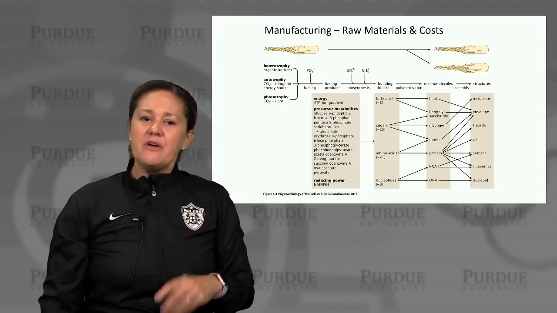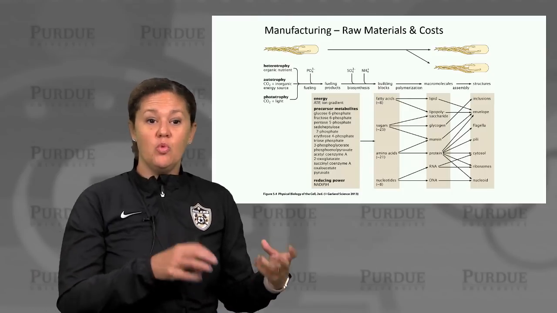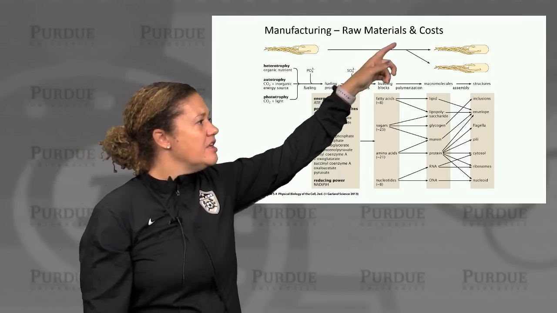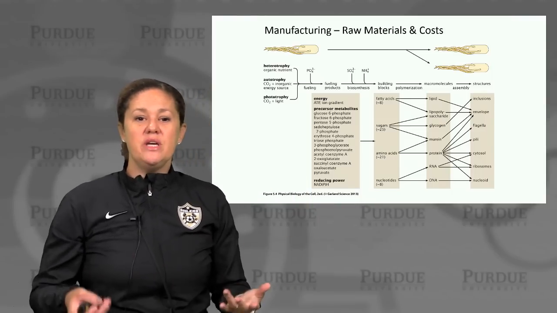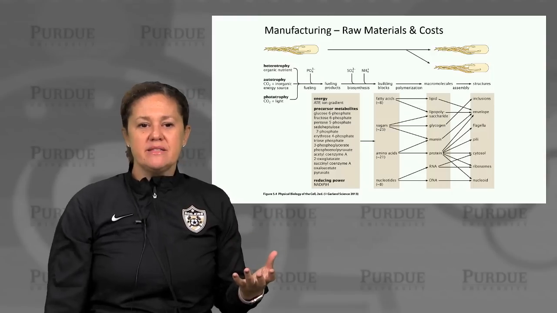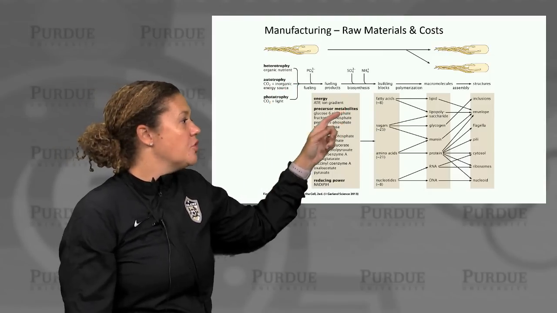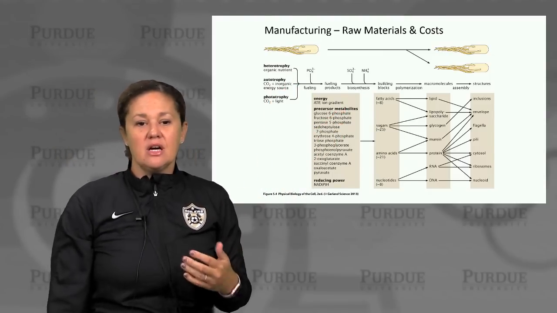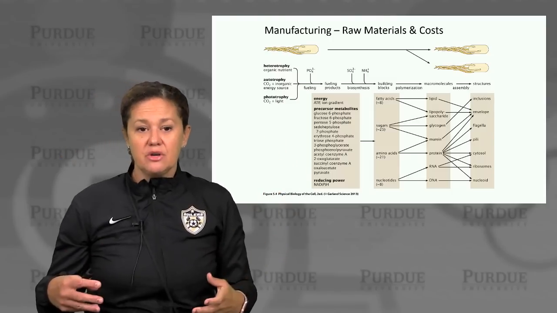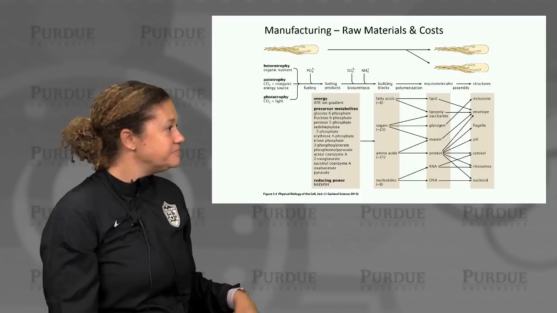So let's think from a manufacturing point of view about making another cell from one cell. What has to happen, right? There are raw material and energy costs that go into making another cell. For the basic building blocks, we need energy, usually in the form of ATP, our common energy equivalent in cells. Cells also use ion gradients to store energy as electrochemical potential.